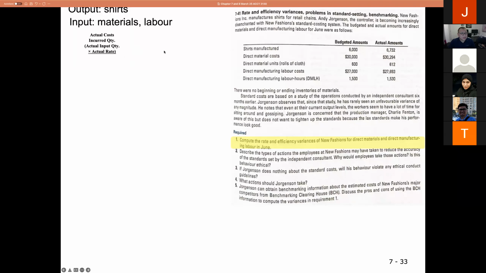Okay, so the actual cost for the direct material is 30,294, right? So this will be on your left column. When you try to figure out the rate variance and the efficiency variance, remember there are 3 columns, and the actual cost is at the left column. So this number is given, okay? And then I want to know what is the red column. Can anyone tell me what is this red column here?